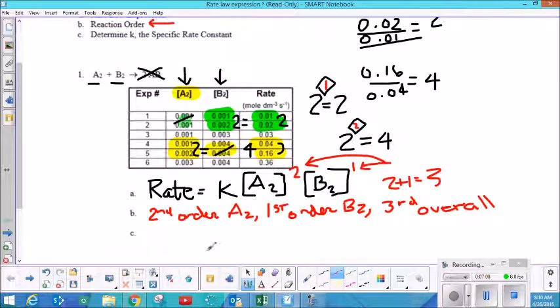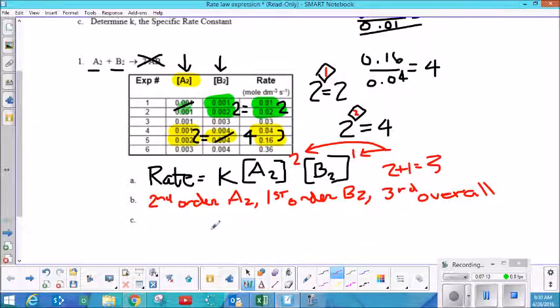All right, now let's determine the K, the specific rate constant. And to do that, you simply put it into your equation. However, you have to make sure you are using one of the experiments that you used in determining your rate law expression. So for this one, we can't use 3 and we can't use 6 because we never used those in determining our rate law expression.